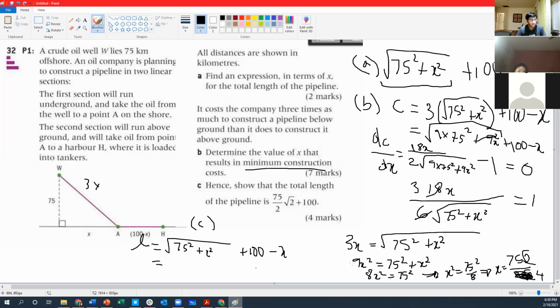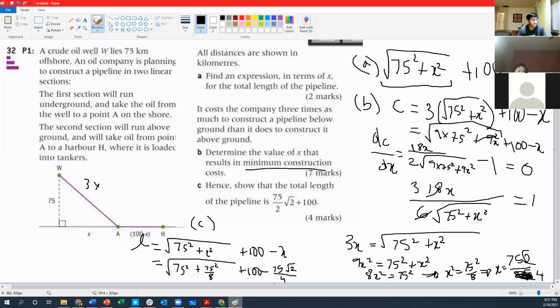So now we substitute x in. We have 75 squared, and x squared happens to be 75 squared over 8, so we can put 75 squared over 8 here, and then plus 100 minus 75 root 2 on 4.